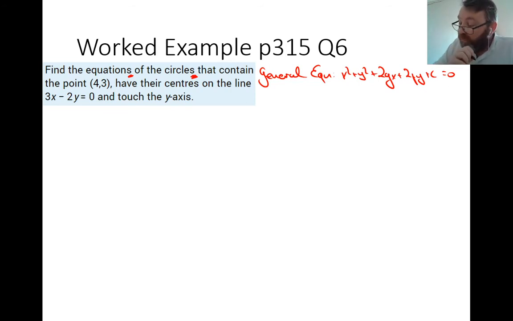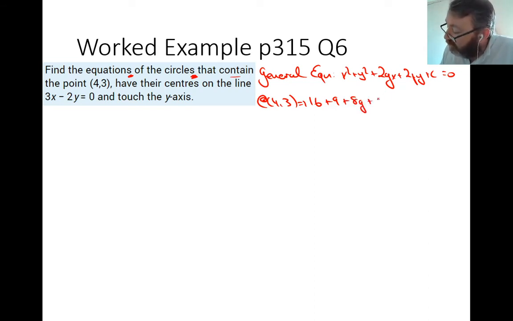That's the general form of the equation. Now, what do we know about the circle? Well, we know that the circle contains the point (4, 3). So if the circle contains the point (4, 3), then I put the point (4, 3) into the general formula for x and for y. And let's see what happens. 4 squared is 16. 3 squared is 9. 2 times 4 is 8, so that's 8g. 3 times 2 is 6, that's 6f plus c is equal to 0.